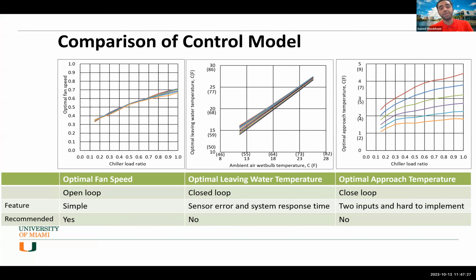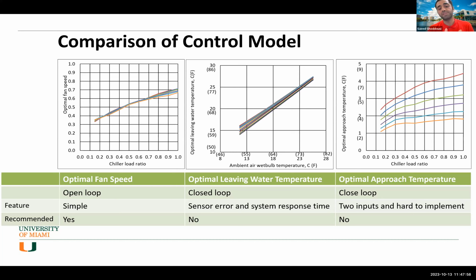So by comparing these three optimal control strategies, we can make a comparison between them. First of all, we can say that the optimal fan speed control strategy is open loop and simple, and because it's an open loop control and also a simple way, in our study we can recommend this control strategy to be used in the system.